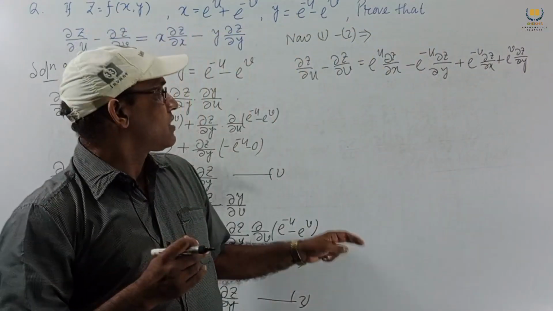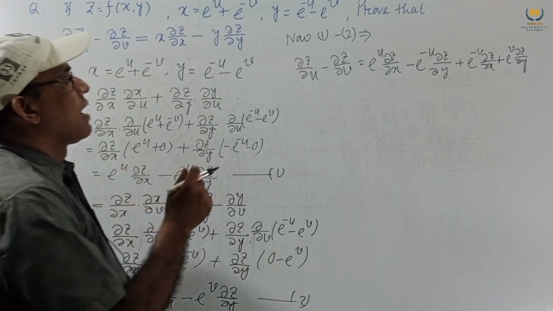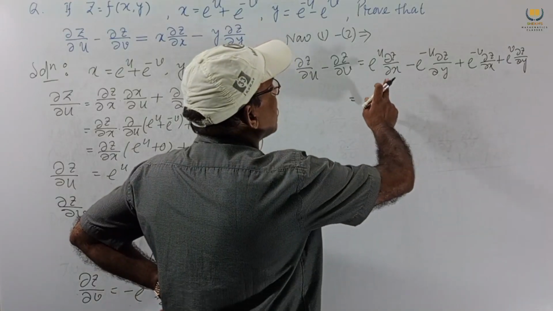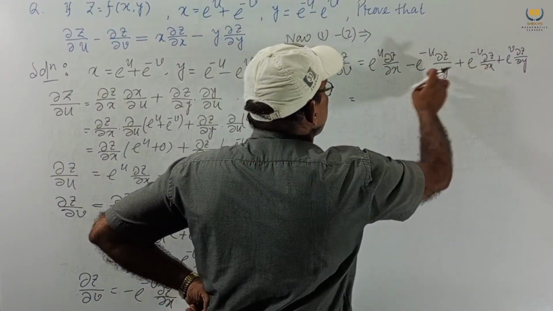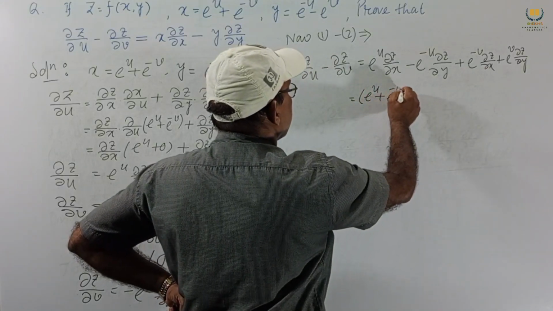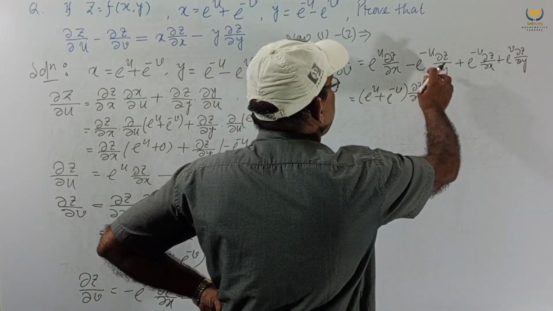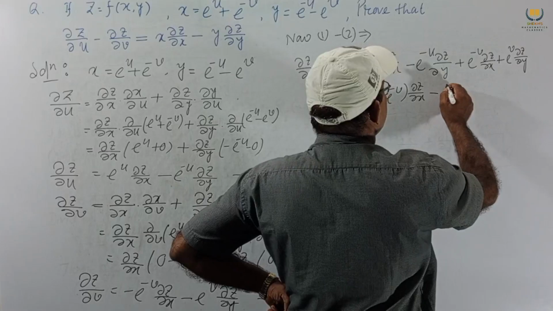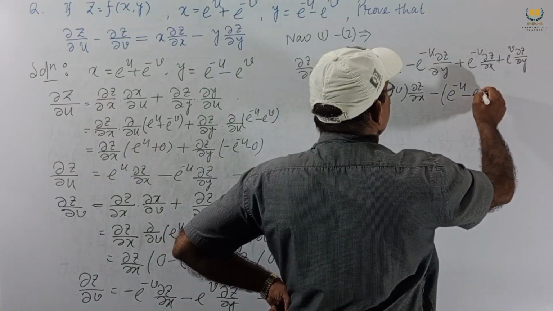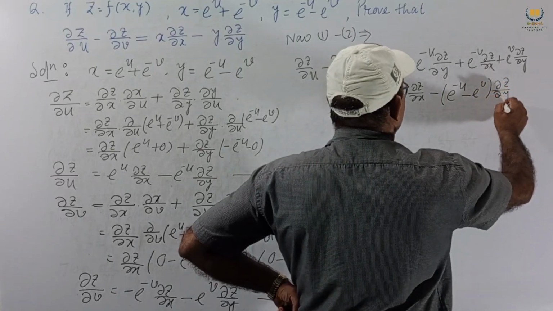Just we subtract this from this, we get this result, and we calculate the right hand side. Taking del z del x common from these two, we get e to the power u plus e to the power minus v del z del x, and from these two taking minus sign common, e to the power minus u, this plus will be minus, e to the power minus u minus e to the power v del z del y.